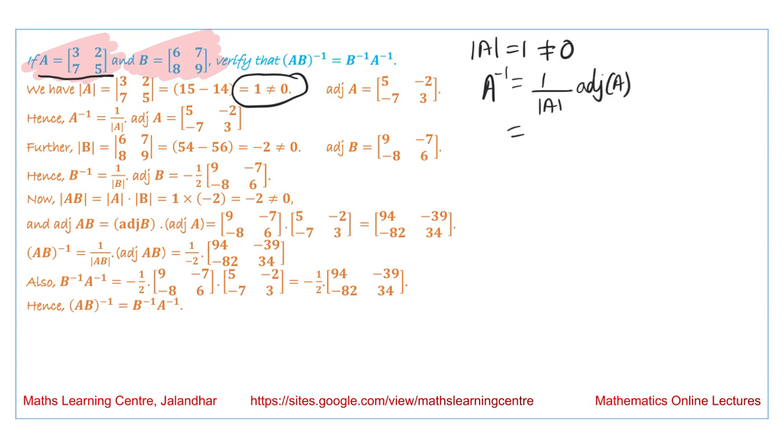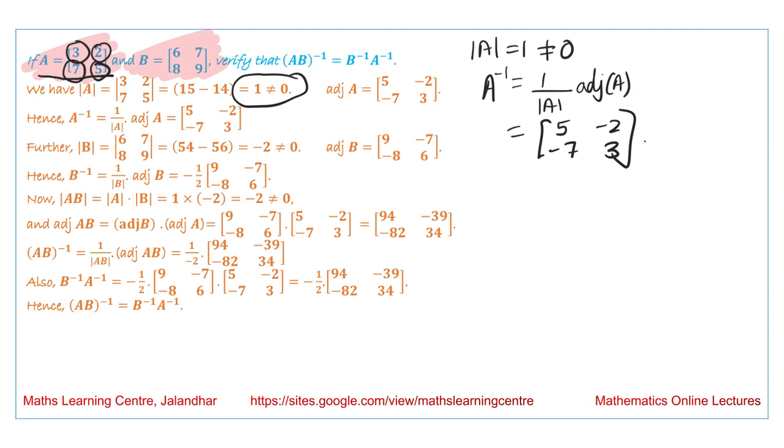So if we write the adjoint A over here, the elements will be 5, minus 2, minus 7 and 3, because we have to take the transpose, so we get the answer in this way.